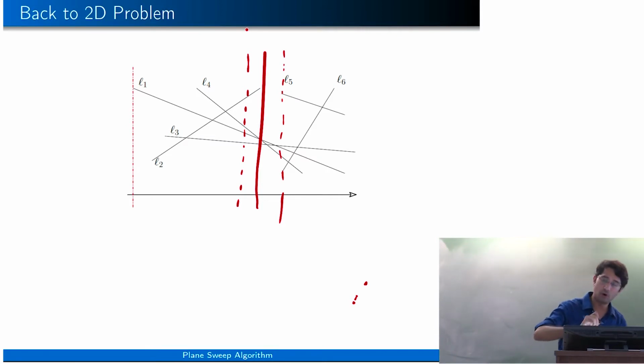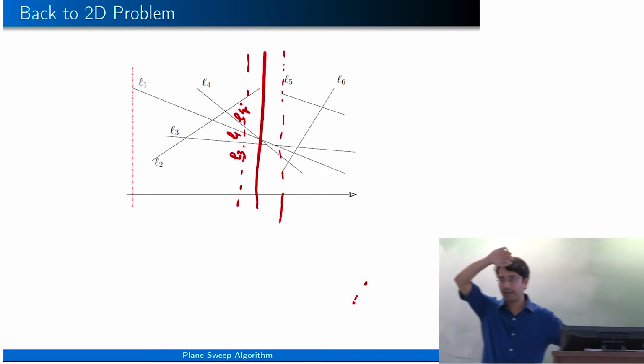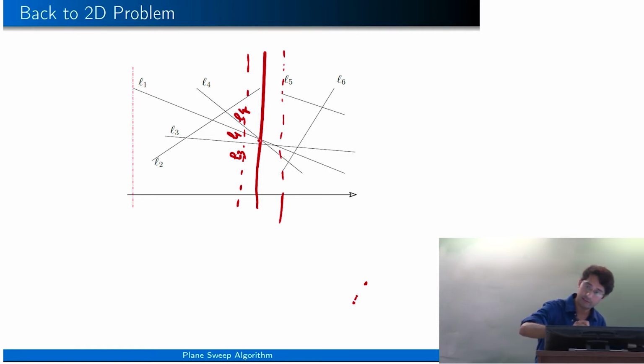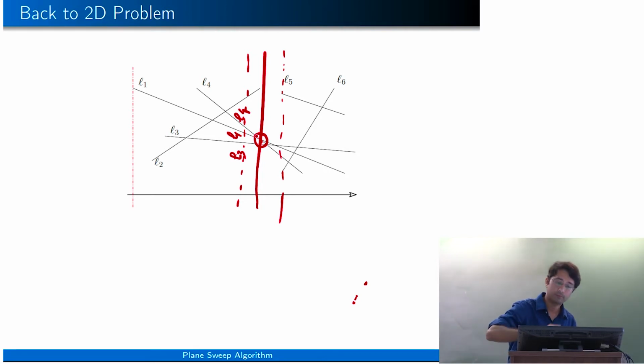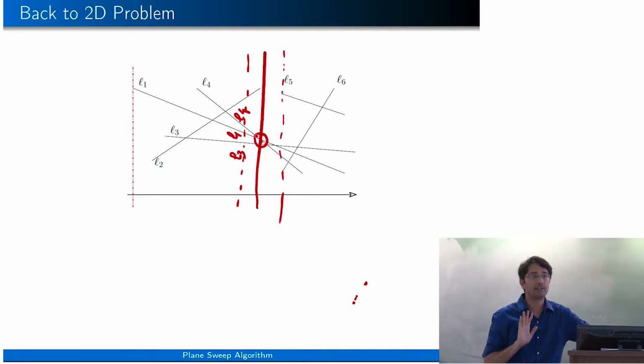What I am looking at is the sorted order of the lines. So, what is the order? This is L3, then we have L1, then we have L4, like this. In this ordering, I can order the lines along the sweep line. Here they intersect, but just epsilon left of this point, they have to be adjacent to each other if they intersect.